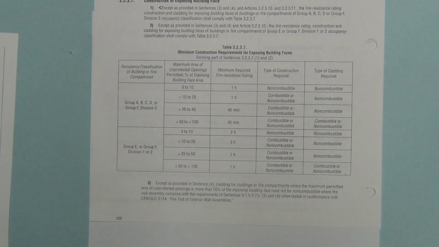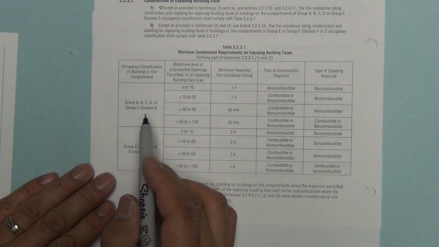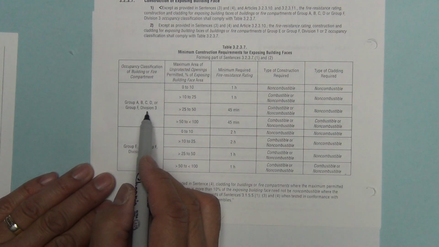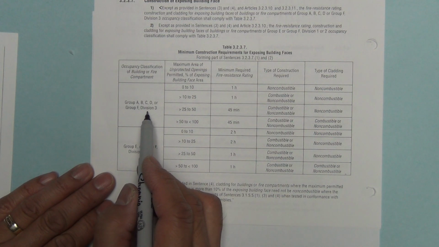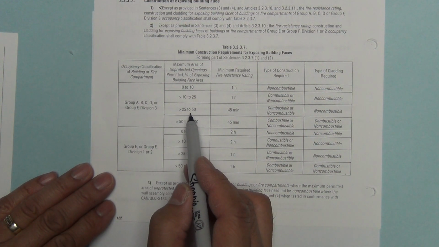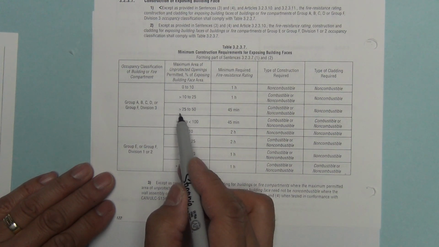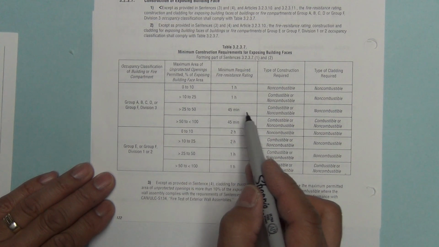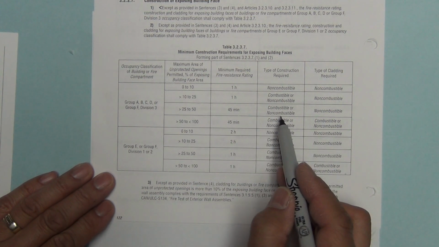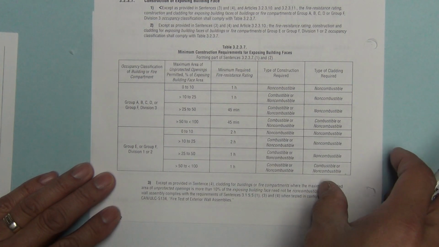Okay, table 3237. Being group D occupancy classification, and on the second row here, or second column, the area of unprotected openings being 29%, we fall under this category. So these 3 columns then provide the construction requirements of that exterior wall.